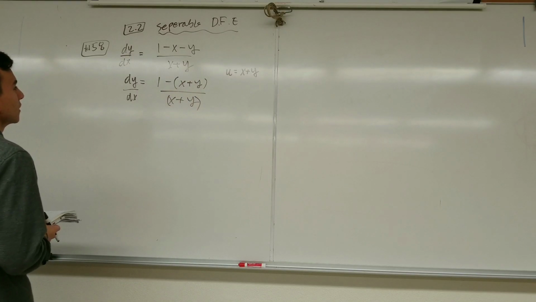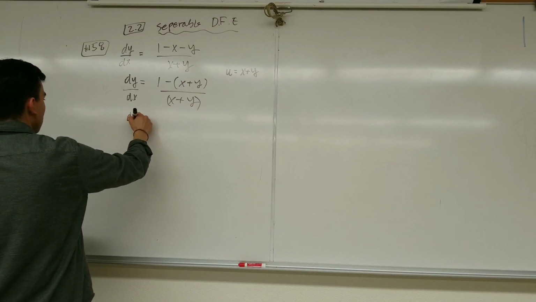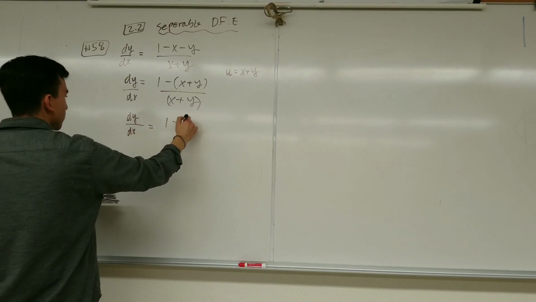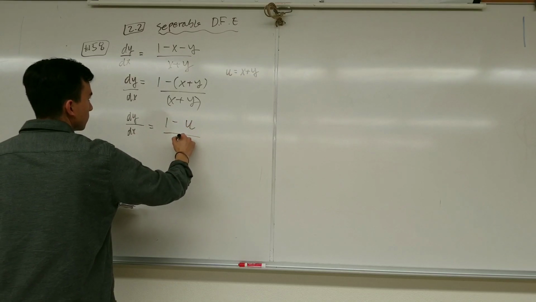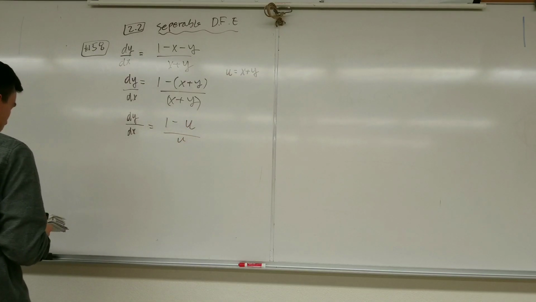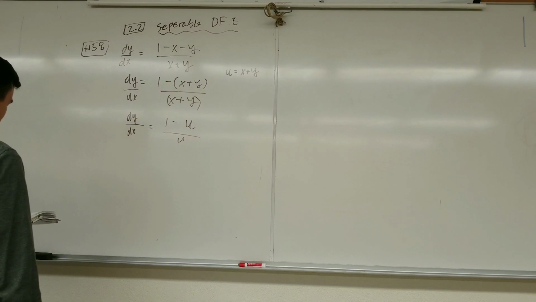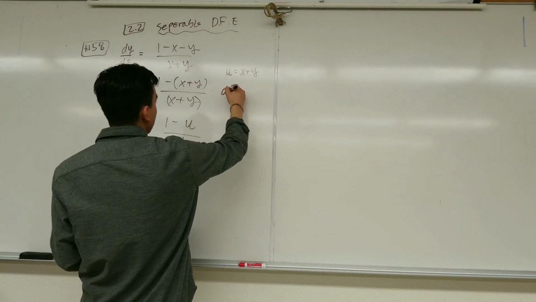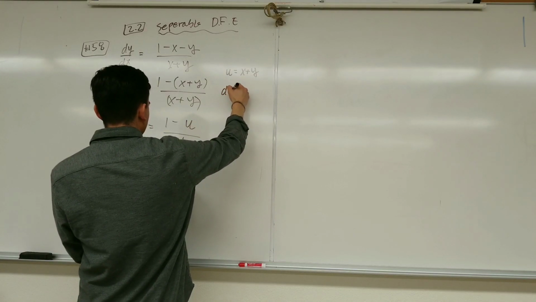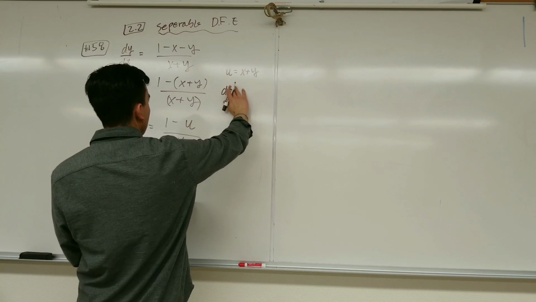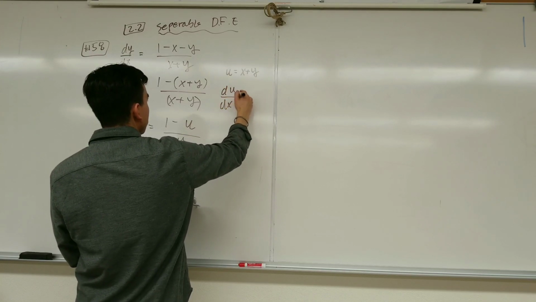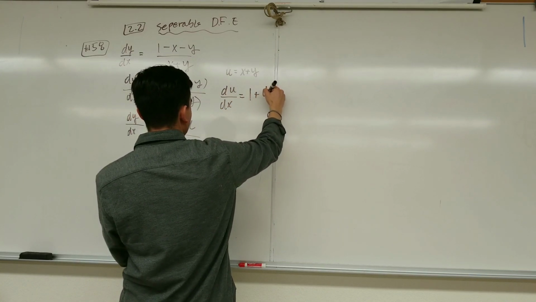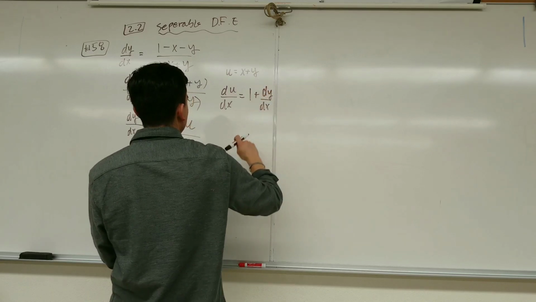Okay, so we now have dy/dx is equal to (1 minus u) over u, right? We also have to take du/dx, and that's going to equal 1 plus dy/dx, right?